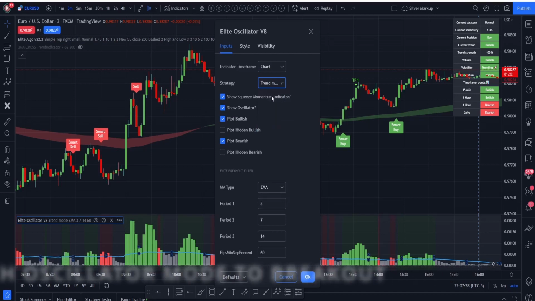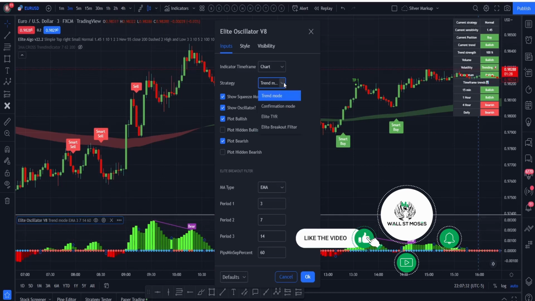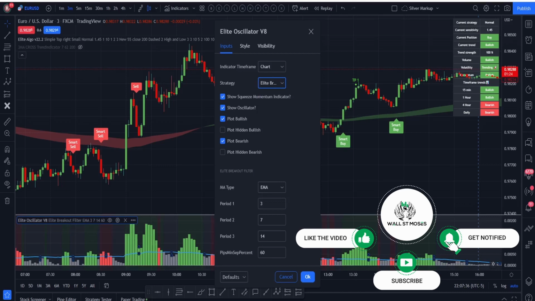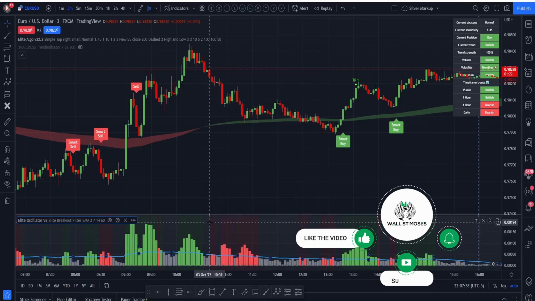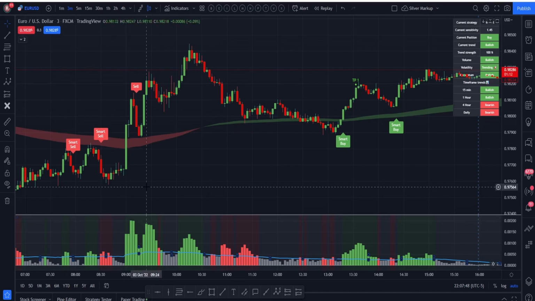When you first see it, you may see it on, I believe, trend mode, where it'll look like this. So you just switch it from trend mode to Elite Breakout Filter. And this is going to be really key in finding those momentum shifts to where you can line it up with the trade that we're looking for with this system. So with that in mind, let's get right into it.